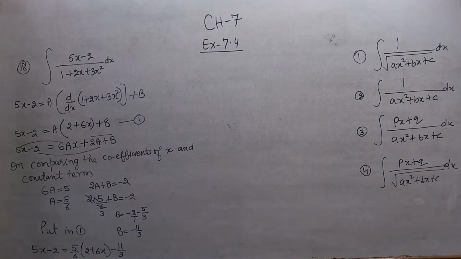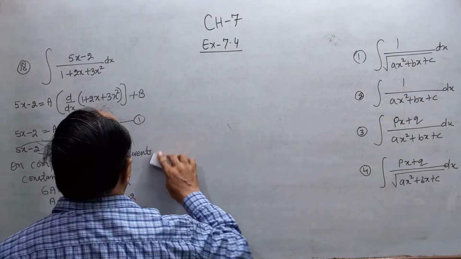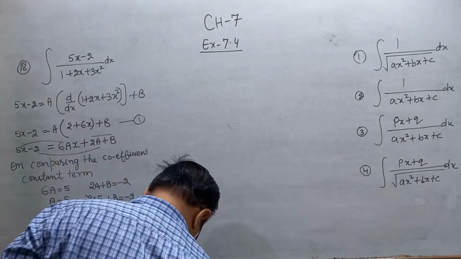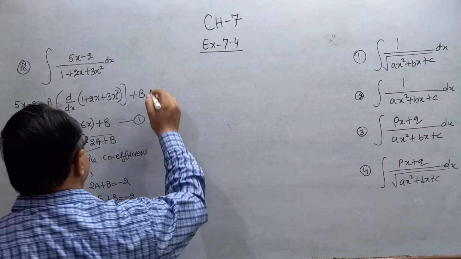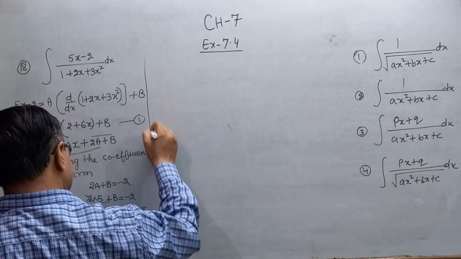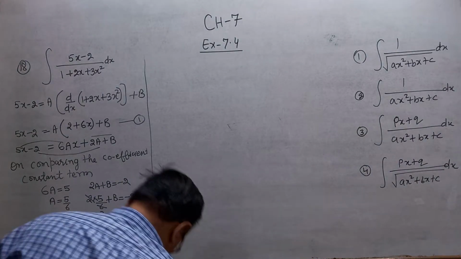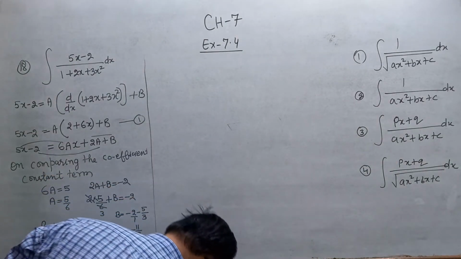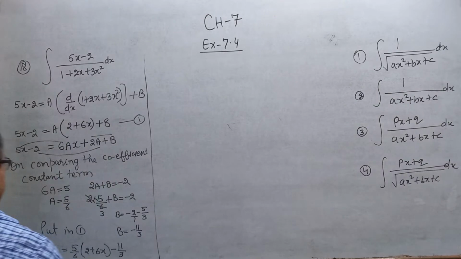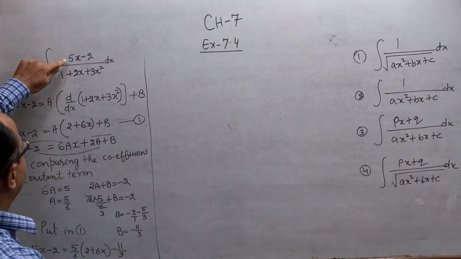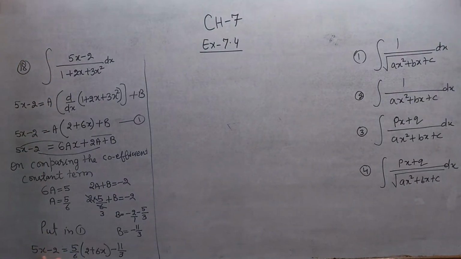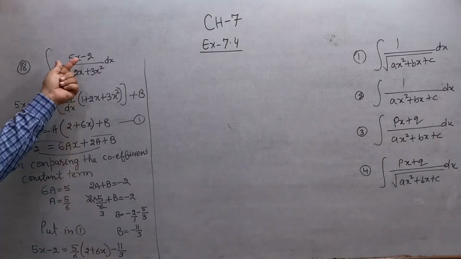In place of 5x minus 2 you can write this. Here, put here.